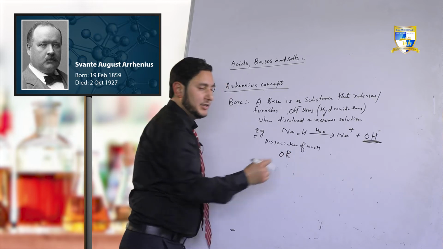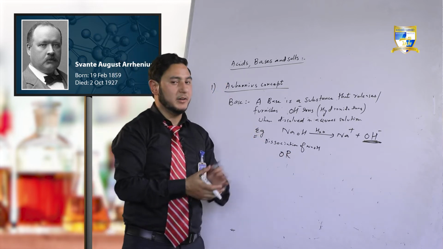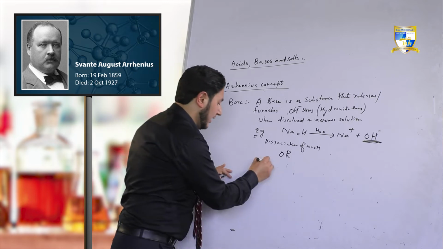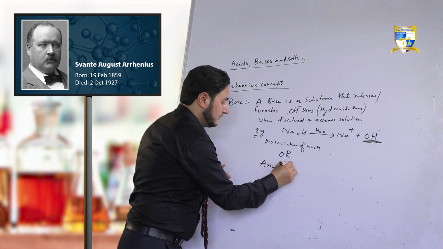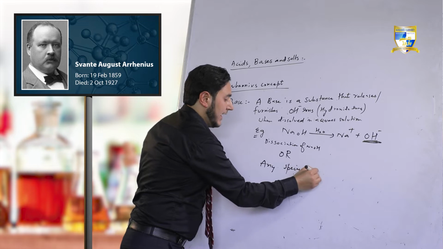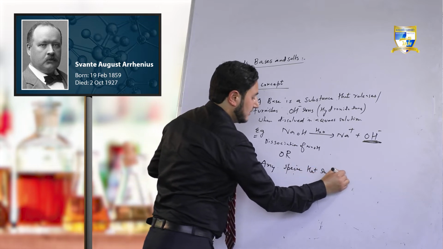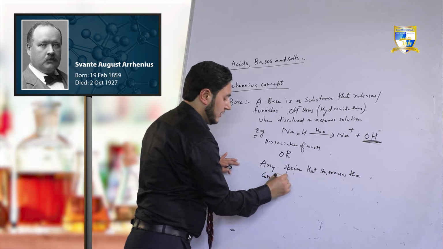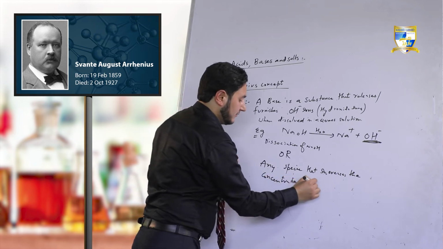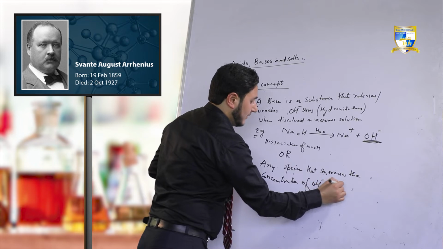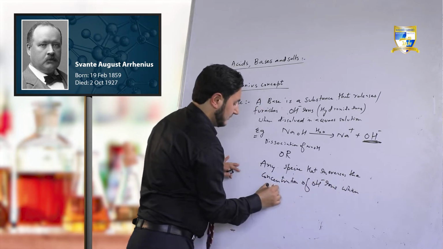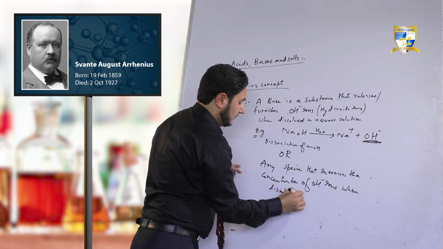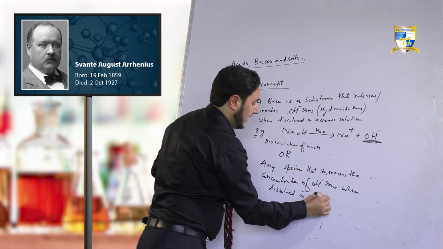Let us move to the second definition of base according to Arrhenius. Any species that increases the concentration of OH negative ions when dissolved in water may be called a base.